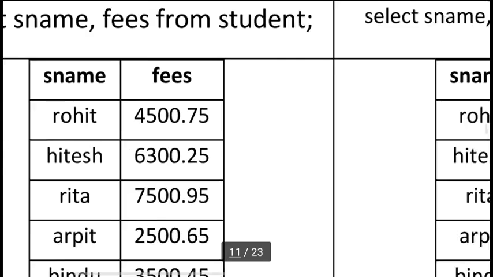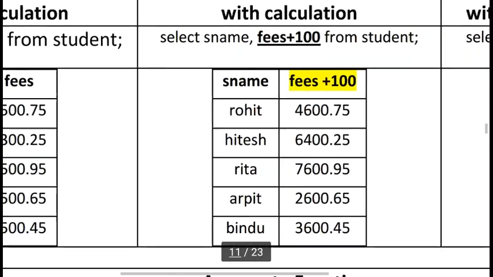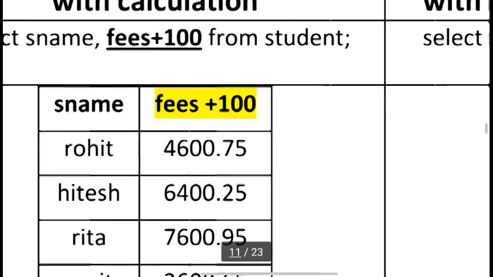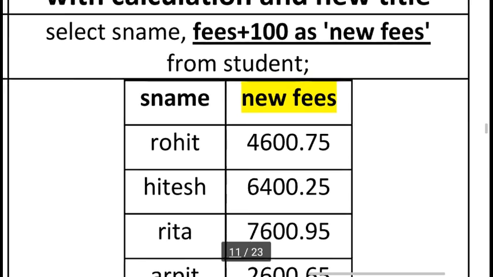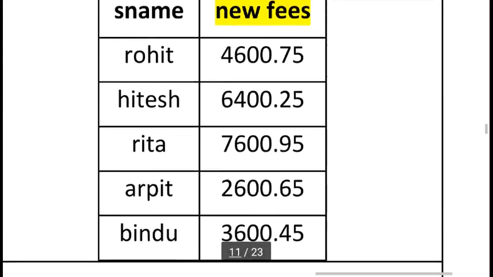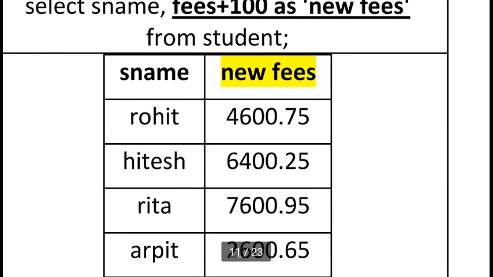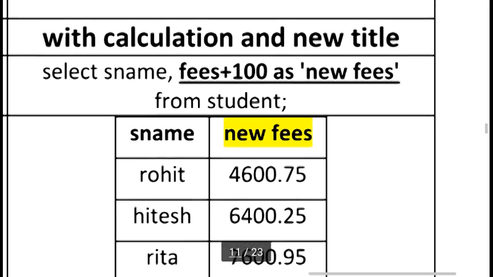Temporarily, all the fees increase by 100 rupees: 4500, 4600, 6300, 6400, 7500. We can also give a proper title: fees + 100 AS new_fees. So in the select command we can perform simple arithmetic calculations, and give the title also.